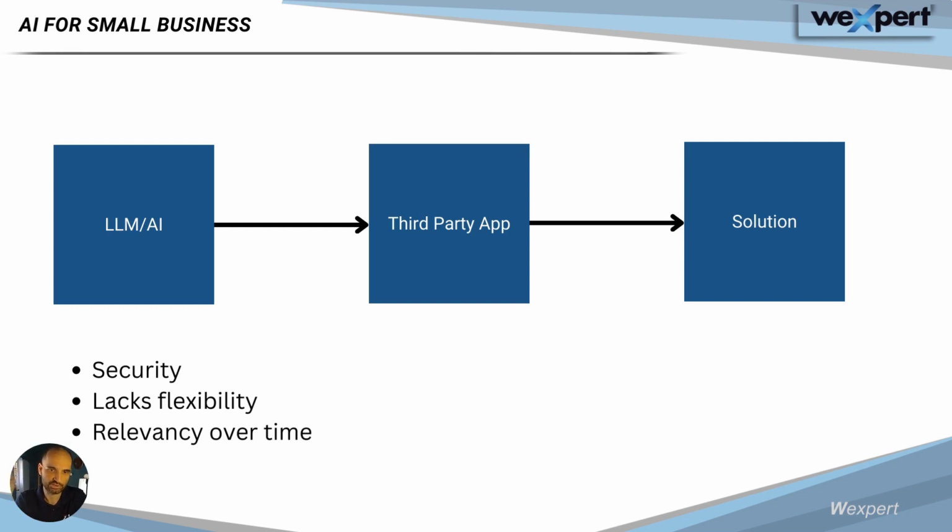So you come across these. These are third-party paid applications. A little bit of an issue is that they may not exactly solve the specific problems you have in your business. Another problem is concern about security: when you're uploading confidential information, is that information going to be handled in a secure way?